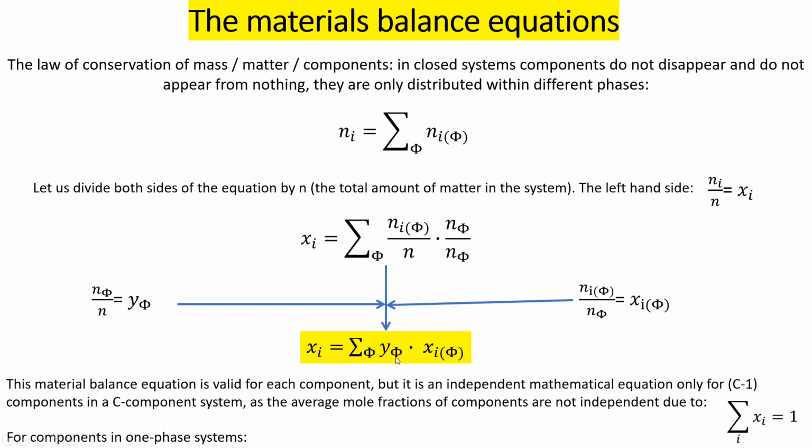The phase fraction of that single phase is 1 by definition, and then you end up with the equation that xi equals xi phi, so the average mole fraction of component I is the same as the mole fraction of the same component I in that single phase. By the way, this latest equation was already written in the previous slide as the last equation.